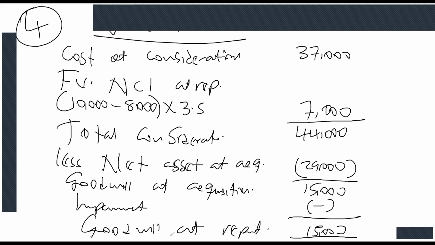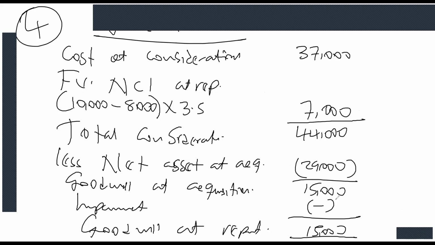In the event where you get a negative goodwill, it is possible to get one. In that case, the standard says recalculate it again and be sure that it's negative goodwill. If you are sure about the negative goodwill, don't send it to the non-current assets as a negative.